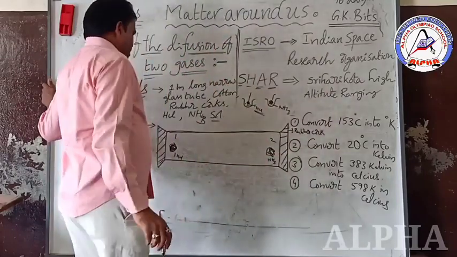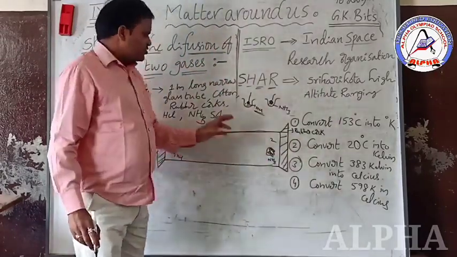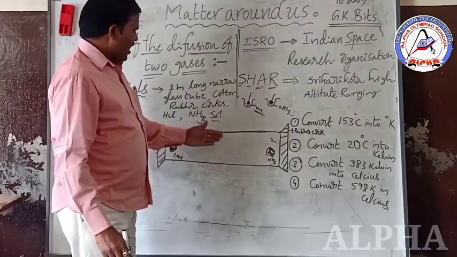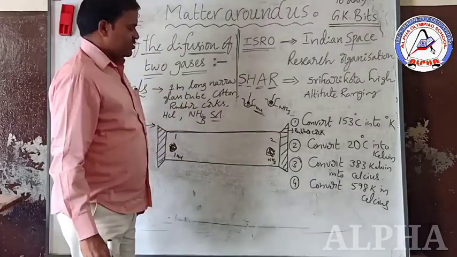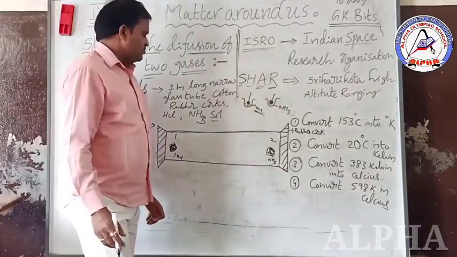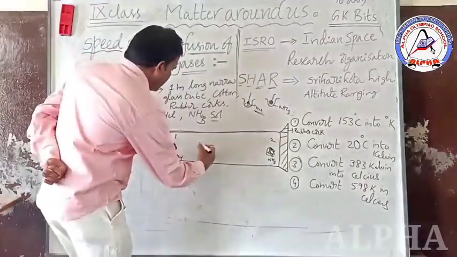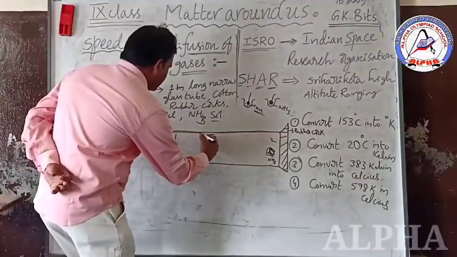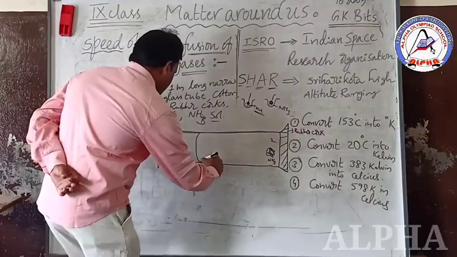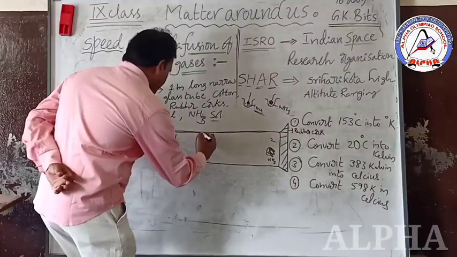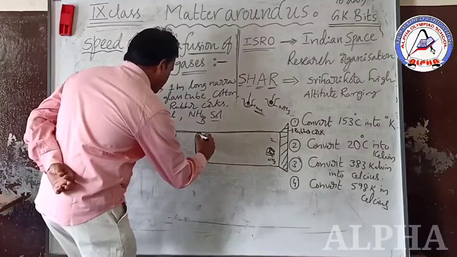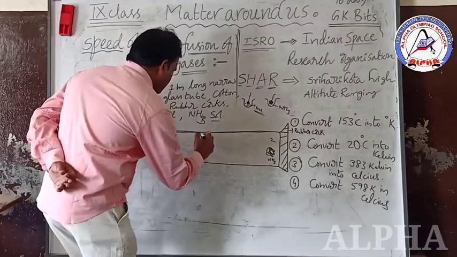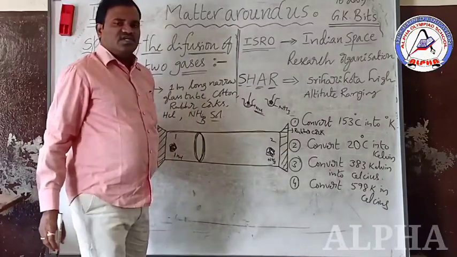Now, if you observe clearly, after some time a white ring is formed here. How is the white ring formed?